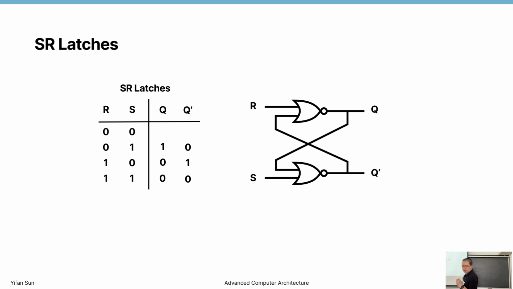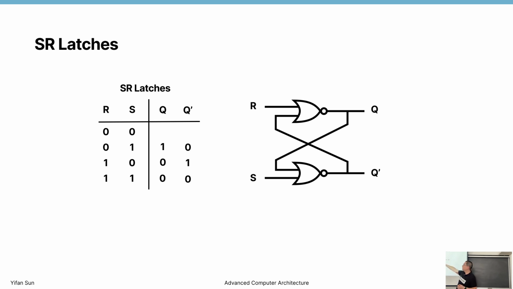Now if Q is 0 and S is also 0, Q prime is 1. Q is 0, S is 0, Q prime must be 1. So this solves the third row.